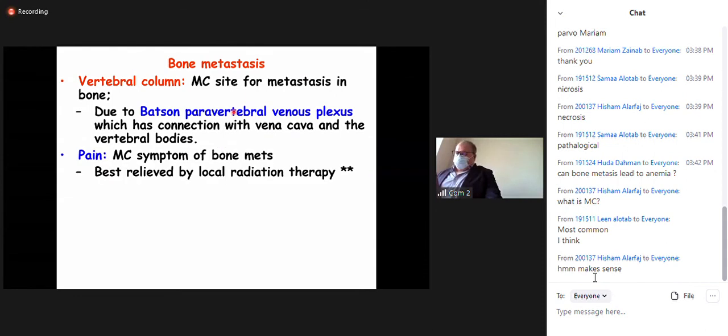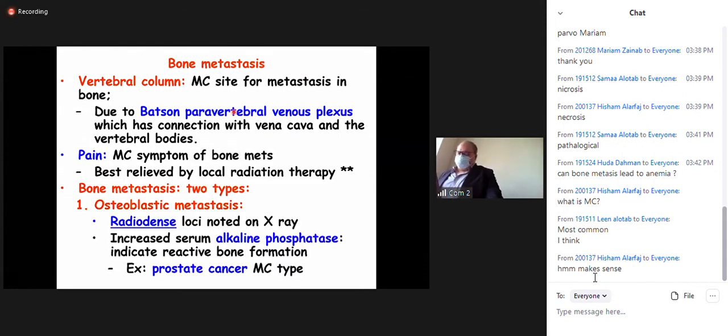Right, bony metastasis. Two types of bony metastasis: the osteoblastic metastasis and the osteolytic metastasis. We just talked about this. Now, the osteolytic metastasis, this is what you call run-of-the-mill. Anything could give rise to osteolytic metastasis. Osteoblastic metastasis, on the other hand, are going to be limited to prostatic adenocarcinoma and breast cancer.